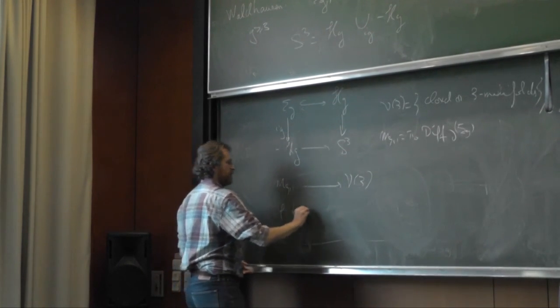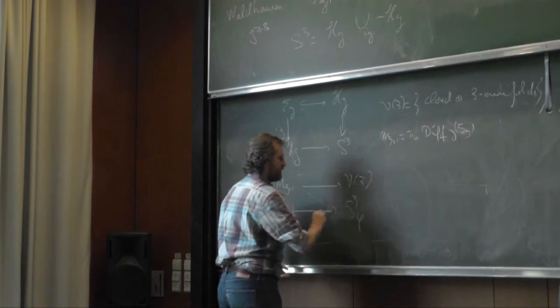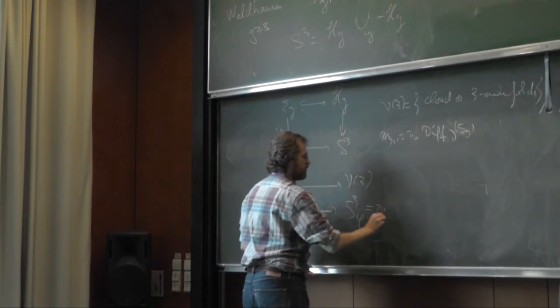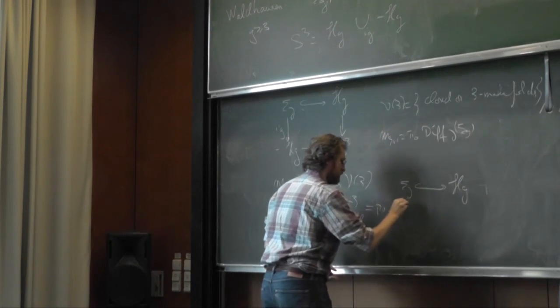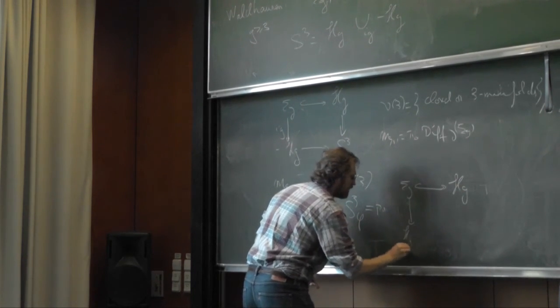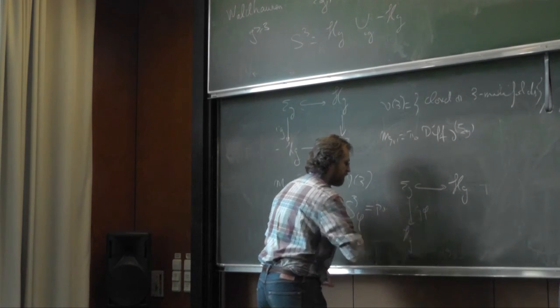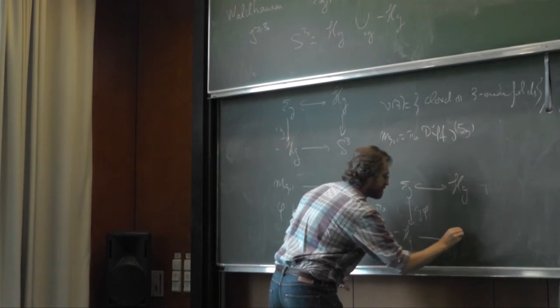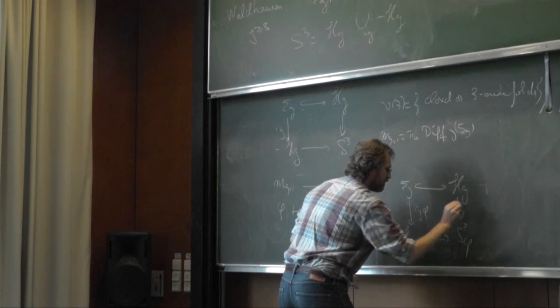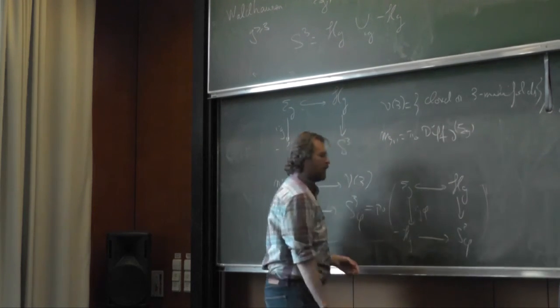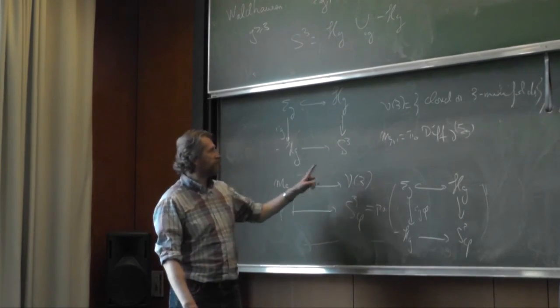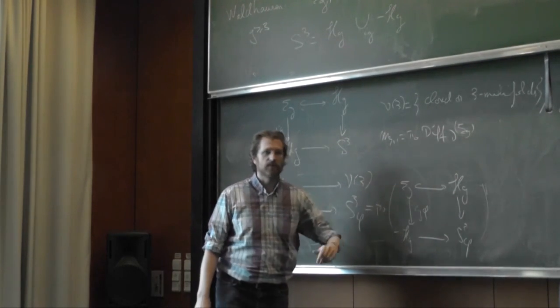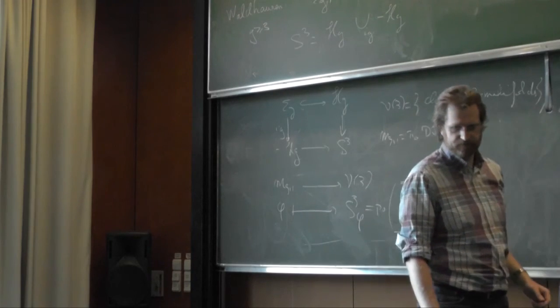So I get S3 of phi, which is simply the pushout, and here I just twist before gluing. And this is well defined, and that's why I need up to diffeomorphism. So of course you represent by some class, and then you construct the pushout, and this is well defined.